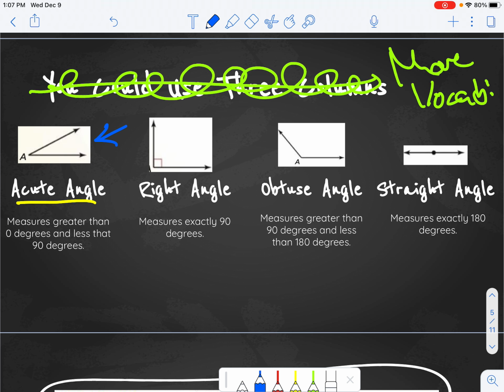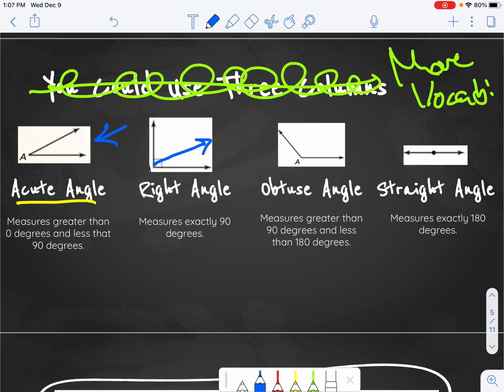A right angle, like it says, is exactly 90 degrees. Notice that it has the little 90-degree mark on there, so that's a dead giveaway that we're working with a right angle. Sometimes in some problems, they will show this right angle, and they'll say, you know, find the measure of something.